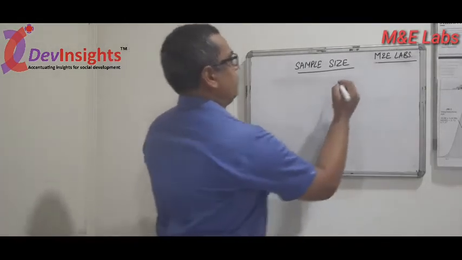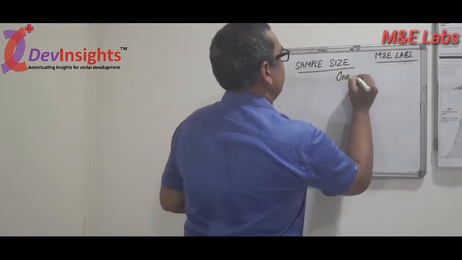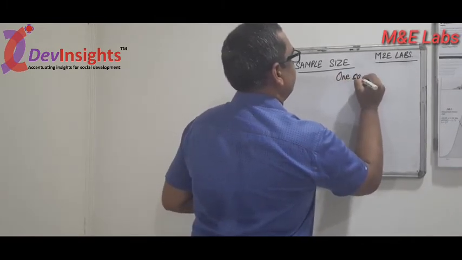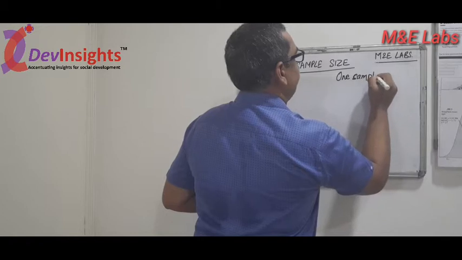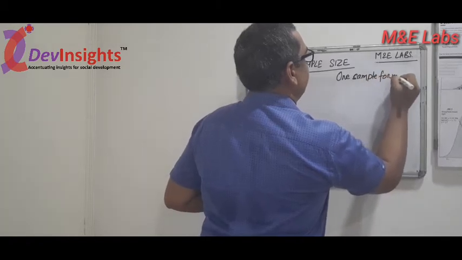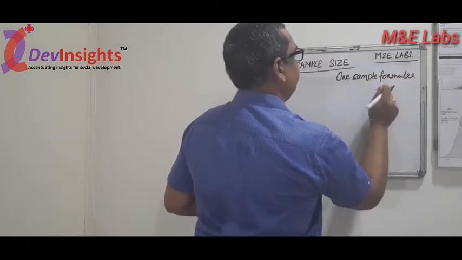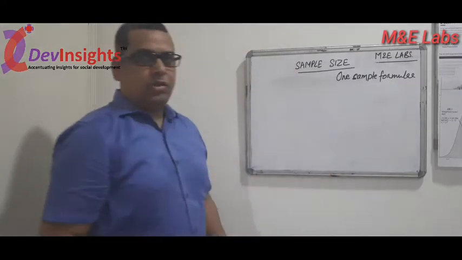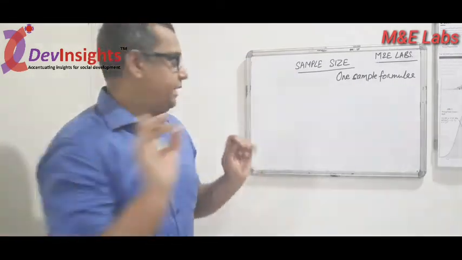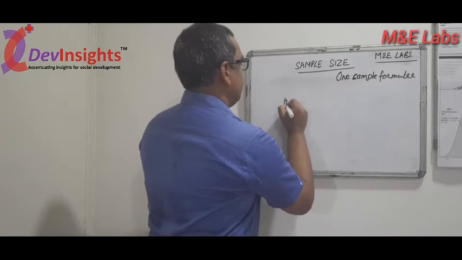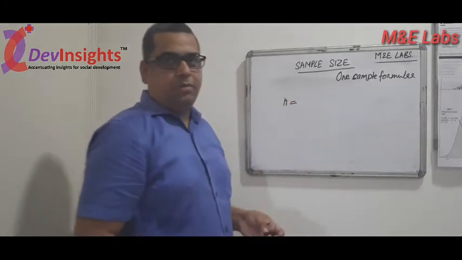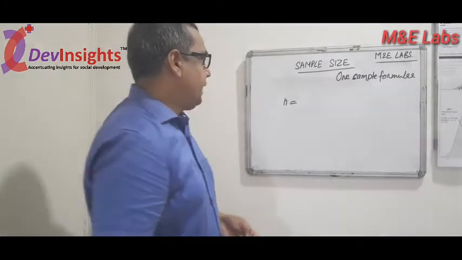So today we are going to deal with the one sample formula. The formula for this is very simple. N is the sample size that I want to arrive at, that I want to calculate.